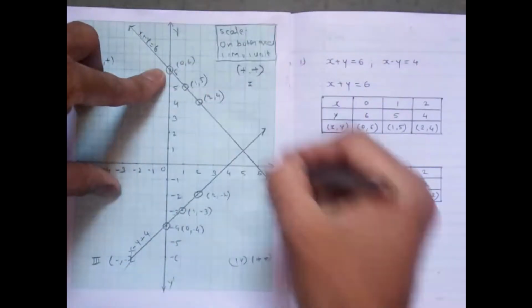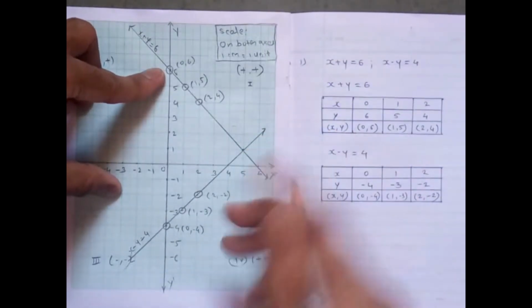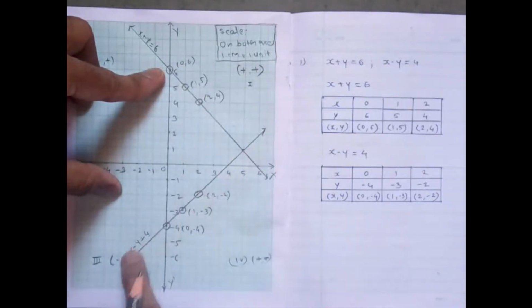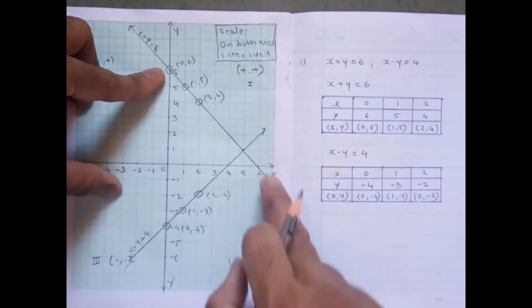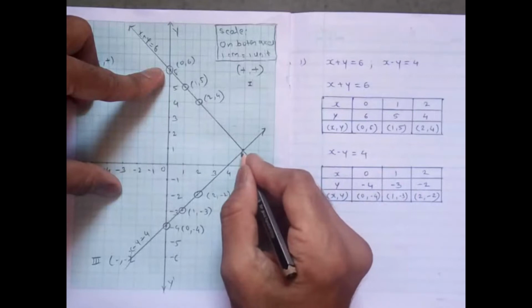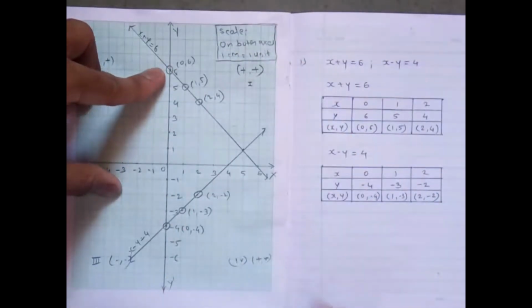Now these two lines intersect at this point. So this point is called the point of intersection of these two lines, and it is the solution of these two equations, because this point is on both lines.